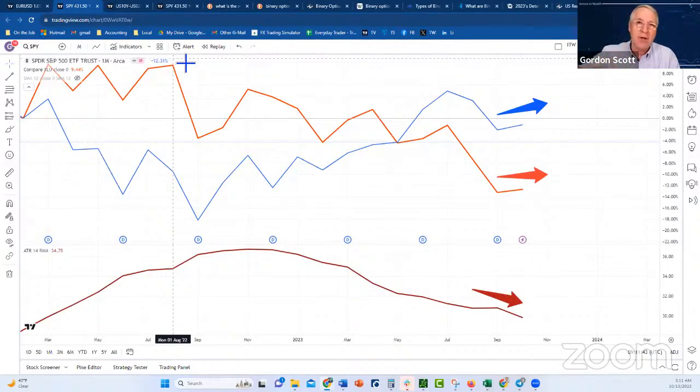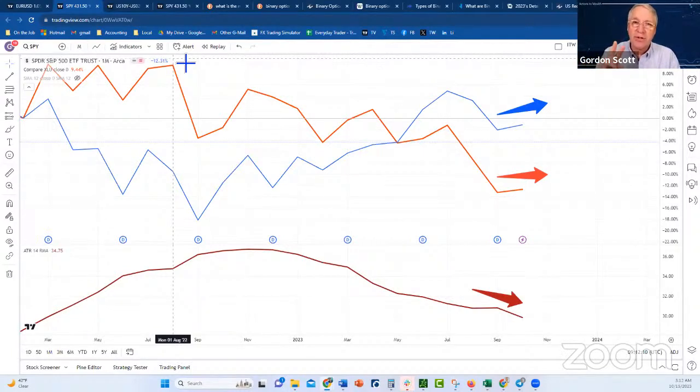Is the fluctuation increasing as measured by the average true range on a monthly basis? If you find that the degree of fluctuation over the course of a month is increasing for 2 months in a row, and at the same time utilities are outperforming the S&P 500 for 2 months in a row.